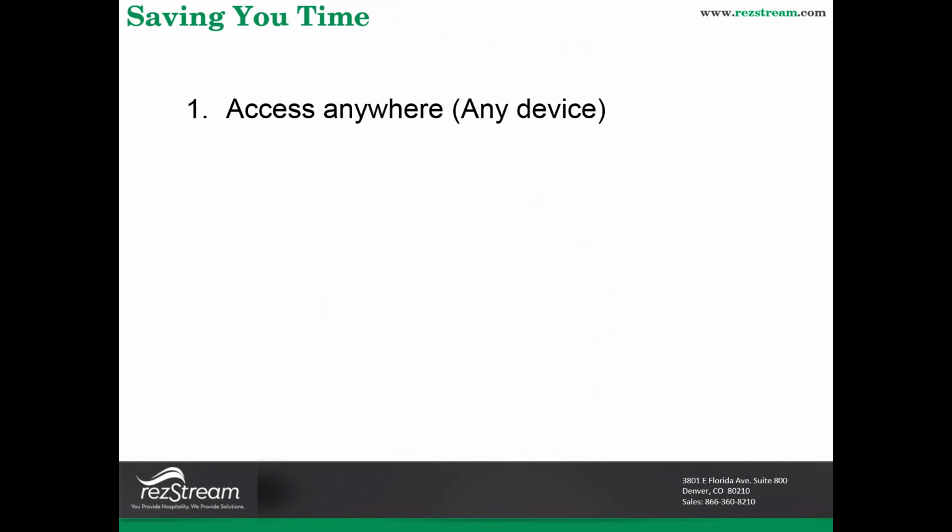Whether you are on property but not behind the front desk, interacting with guests, handling various activities throughout the day, whether you are running to the grocery store to pick up items for tomorrow's breakfast, or whether you hopefully got a vacation for the first time in the last 10 years and you have your iPad or your smartphone on the beach somewhere, you will have access on any device through any modern internet browser to access this reservation software.